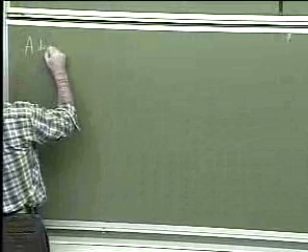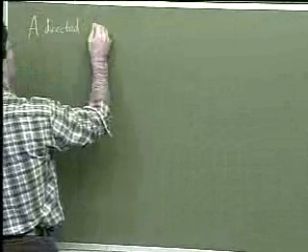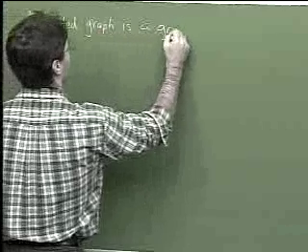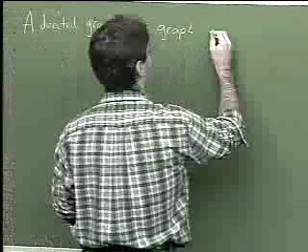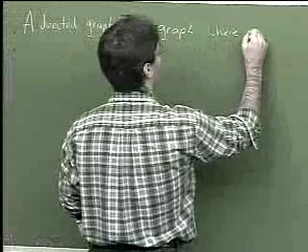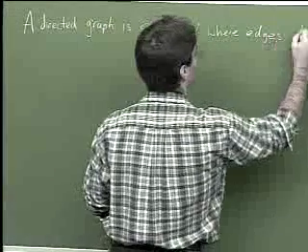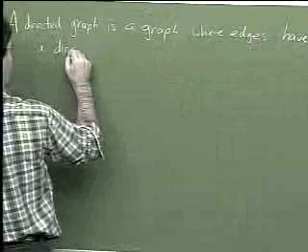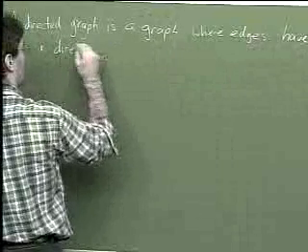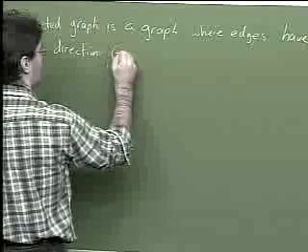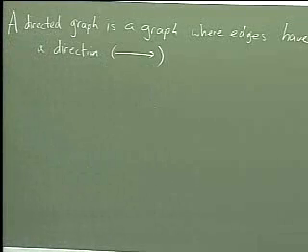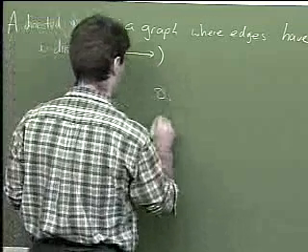Okay, a directed graph is a graph where edges have a direction. So we'll represent it by putting a little arrow on the end to indicate the direction of the edge on the graph.